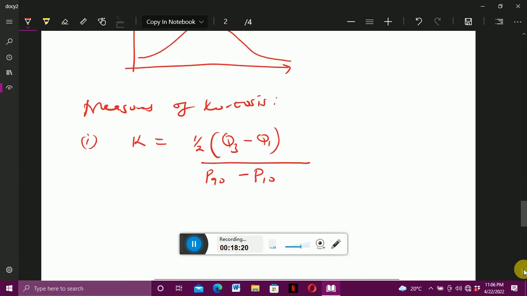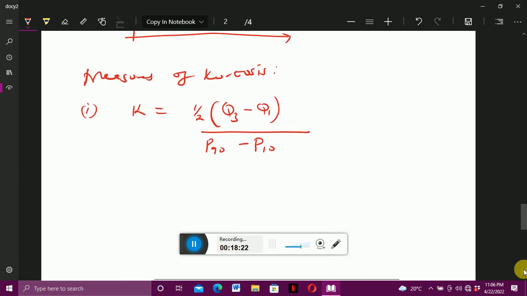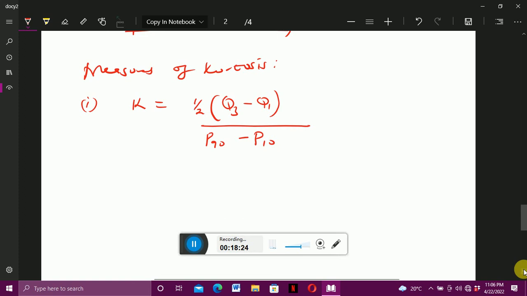That's our first measure of kurtosis. When we use this measure, for a normal or mesokurtic distribution, K is 0.263.